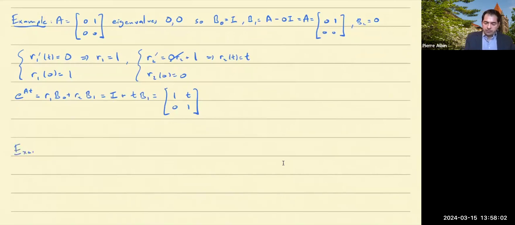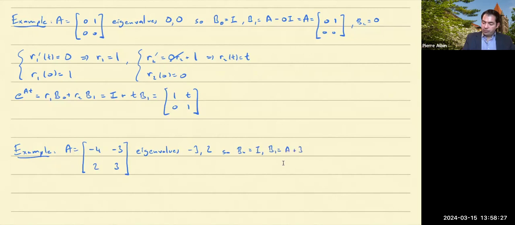Okay. Next, let's consider the matrix A given by minus 4, minus 3, 2, 3. The eigenvalues are minus 3 and 2. So B0 is the identity matrix. B1 would be A plus 3 times the identity. So that would be minus 1, minus 3, 2, 6.